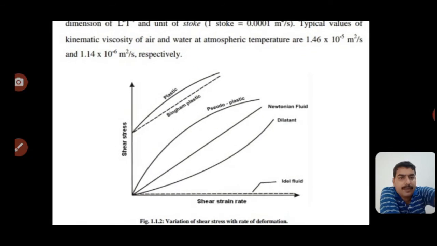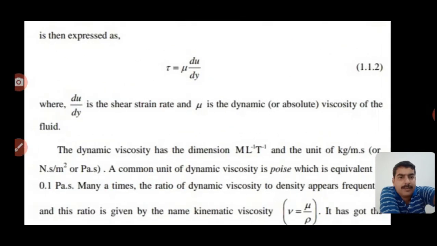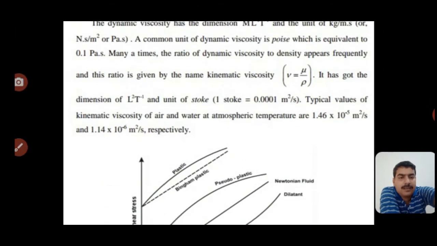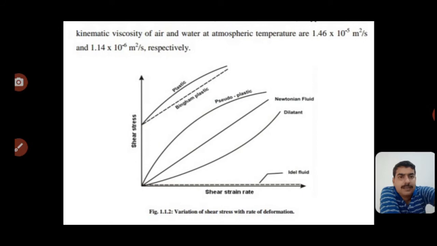Now here are some types of fluids, shear stress and deformation rate. See in that graph, the x-axis is drawn as shear strain rate, and the y-axis as shear stress.